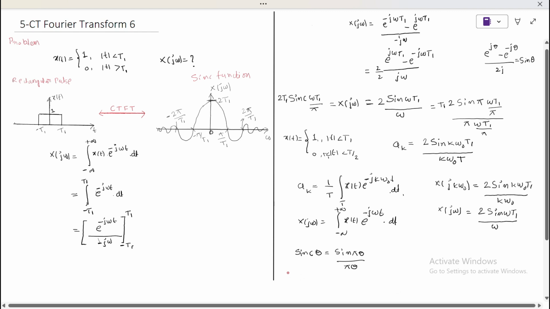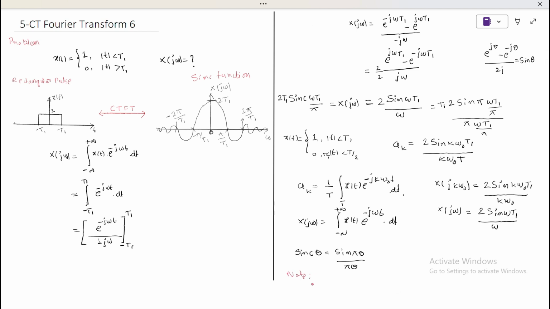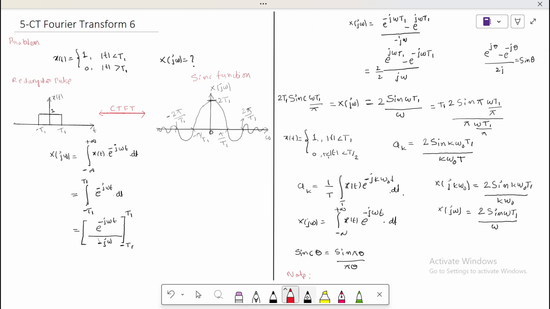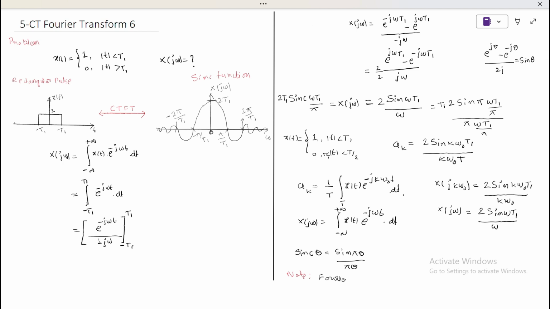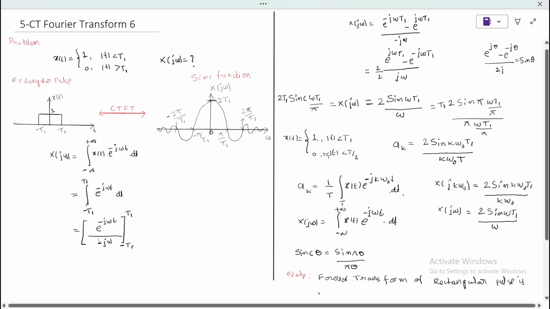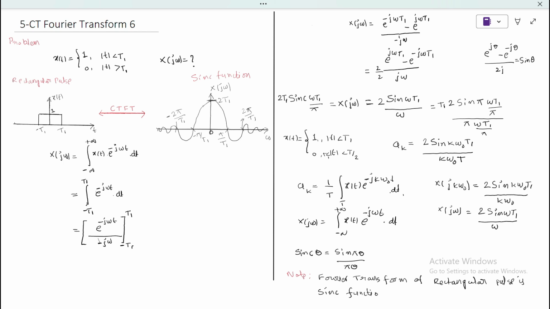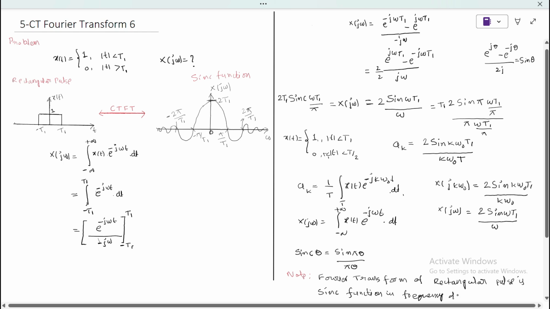Write the note, very important: the Fourier transform of a rectangular pulse is a sinc function, a sinc function in the frequency domain. So this is the case.